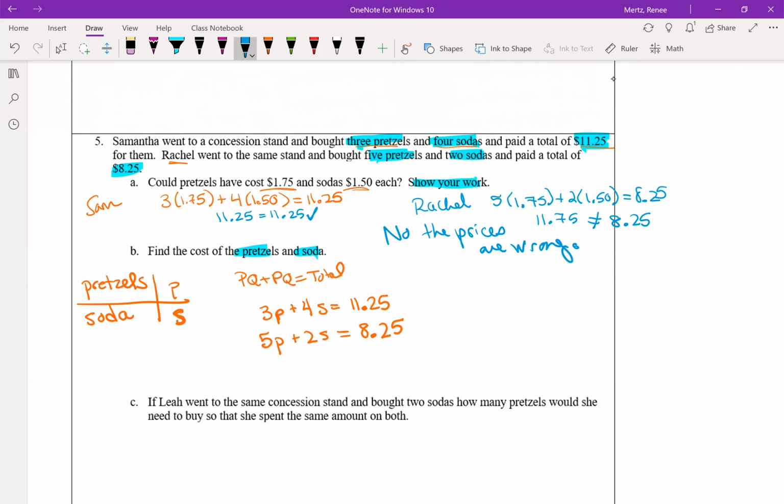Now we've set up the 2 equations. It's up to you how you want to solve it. Maybe I would try the addition method if you like that way. We have 3P plus 4S equals $11.25. I chose to get rid of the S's by multiplying by a -2. Remember to distribute it to all the pieces.